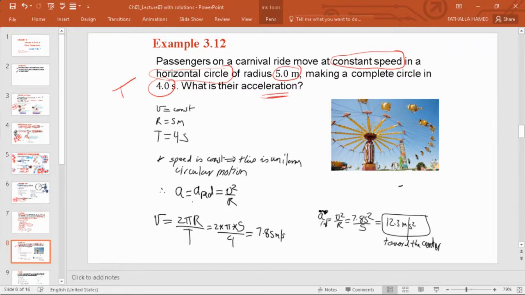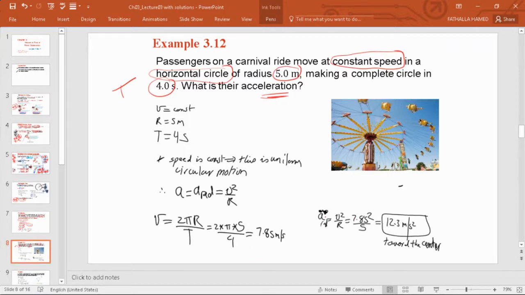Now, you know that a is equal to a_rad, which is v squared over r. And we already talked about what v is, and we said that v should equal 2 pi r over T. So you can basically figure out your speed.